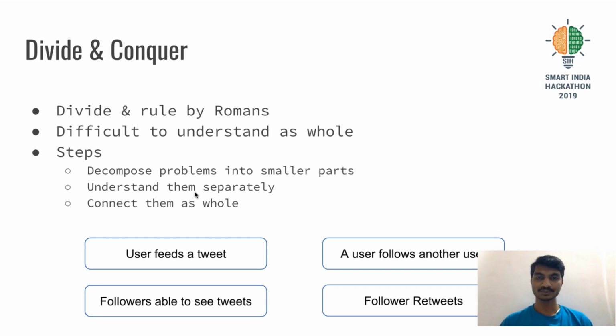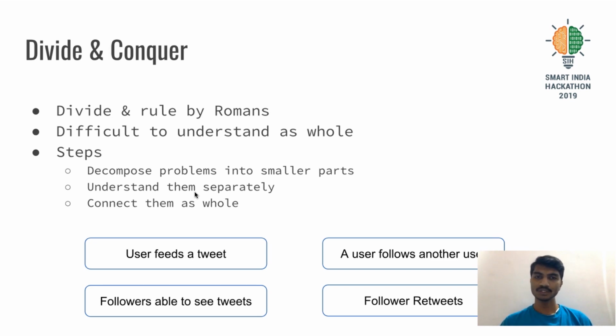They could not rule their country as a whole. So they divided them into smaller nations and ruled them separately so that it would be easy for them to manage it. This is the same technique which we are going to follow to understand our problem.